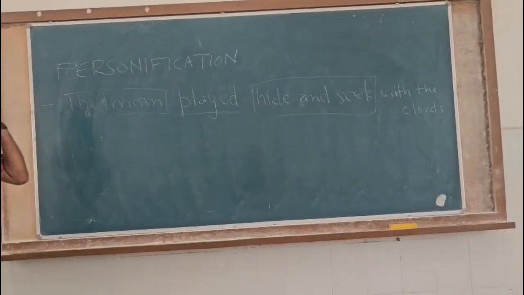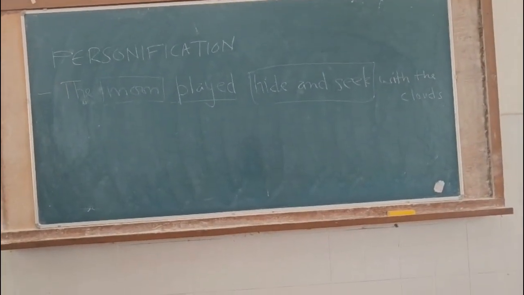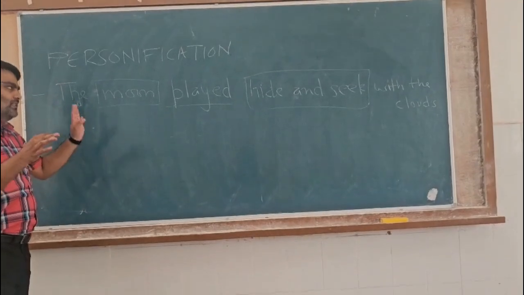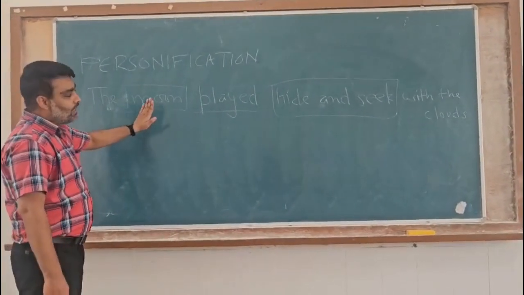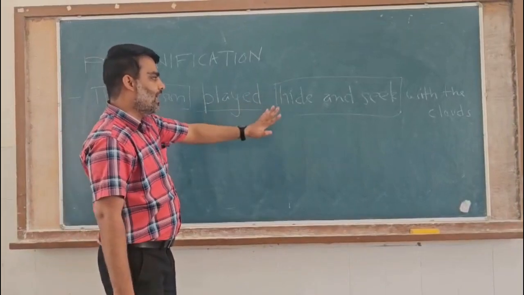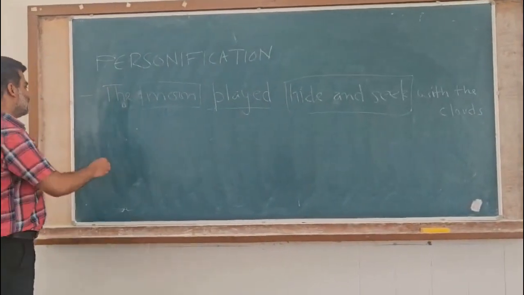We human beings have this tendency that we can play a game, be it cricket, be it hockey or any other game. But here the non-living object moon could be seen playing a game, hide and seek. Let's have a look at one more example.